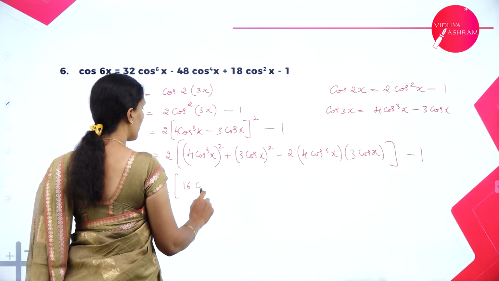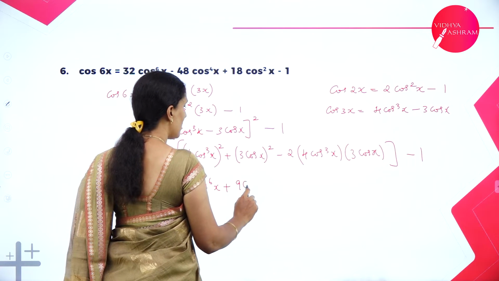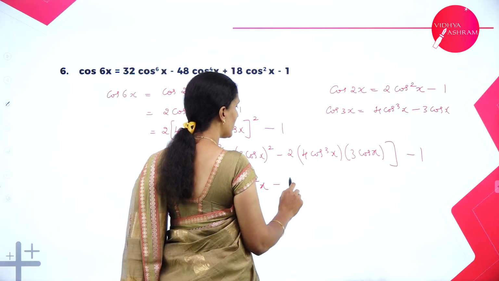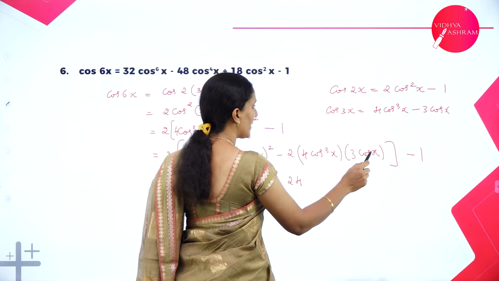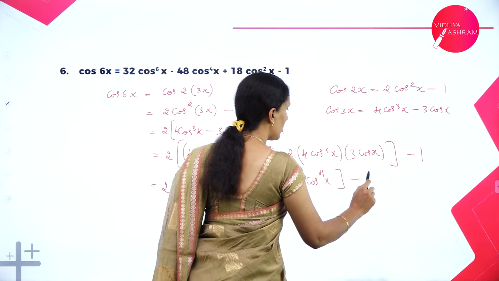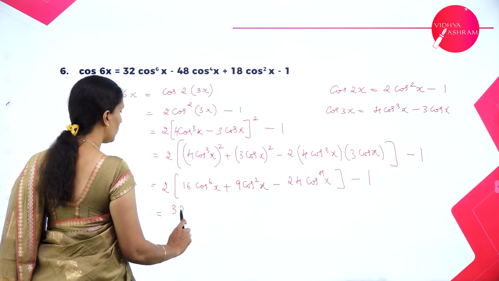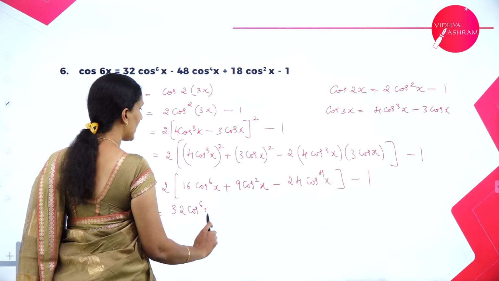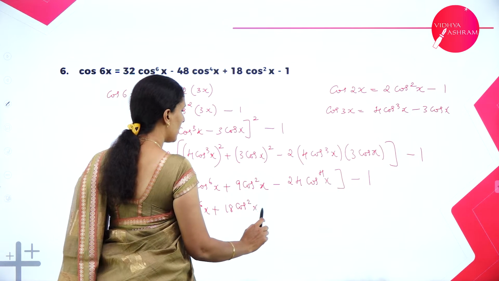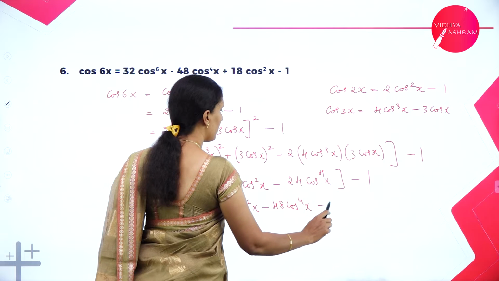Cos cube square becomes cos power 6x. Next, 3 square is 9 cos square x, minus 2 4s are 8, 8 3s are 24. Cos cube x into cos x is cos power 4x. So outside you have 1. Multiply by 2, then it is 32 cos power 6x plus 18 cos square x minus 48 cos power 4x minus 1.